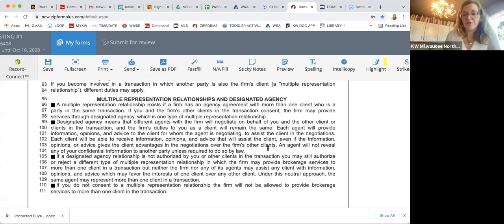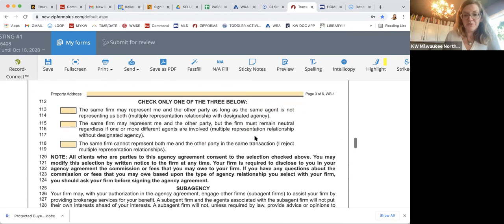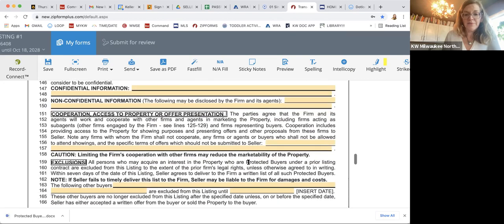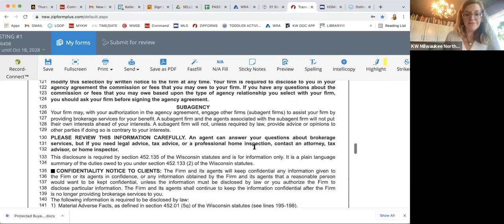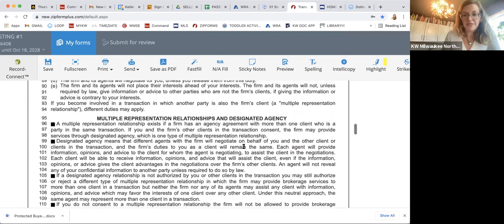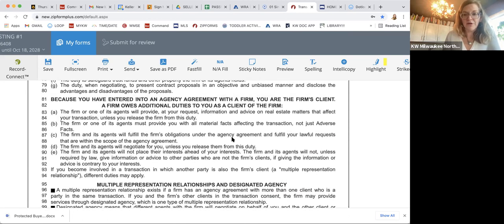And then we get into multiple representation and designated agency, which we went over a couple classes ago, more in depth. I will not go into multiple representation and designated agency so in depth this time around, but we'll talk about how it relates to a listing as a listing agent.